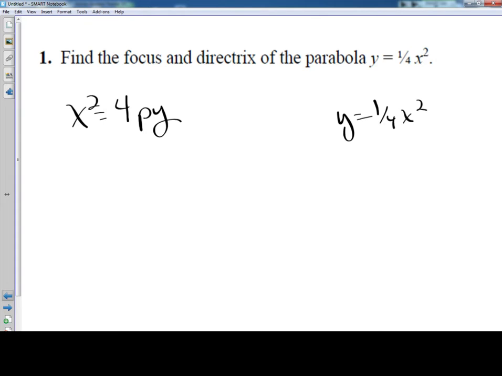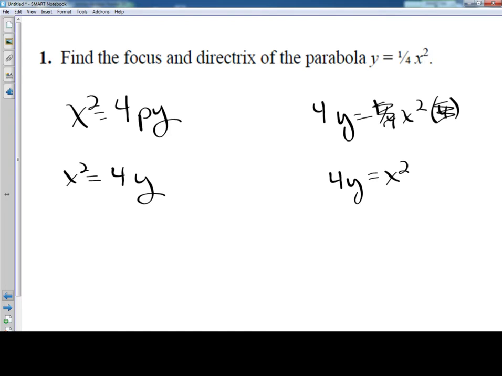So what I'm going to do is try to make this equal x squared, just like it is over here. But I have to get rid of the quarter. To get rid of the quarter, I'm going to multiply both sides by 4. So a quarter of 4 is simply 1. Therefore, I get 4y equals x squared. Using my reflexive property, I can write that as x squared equals 4y.